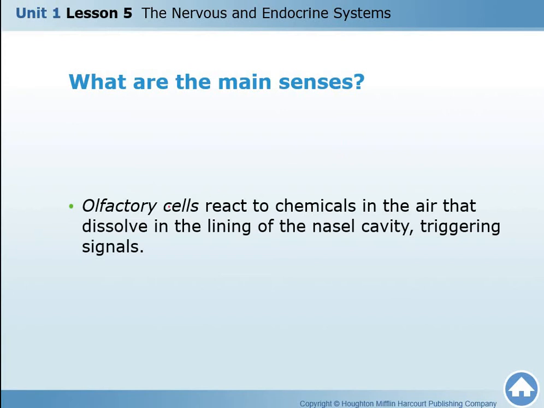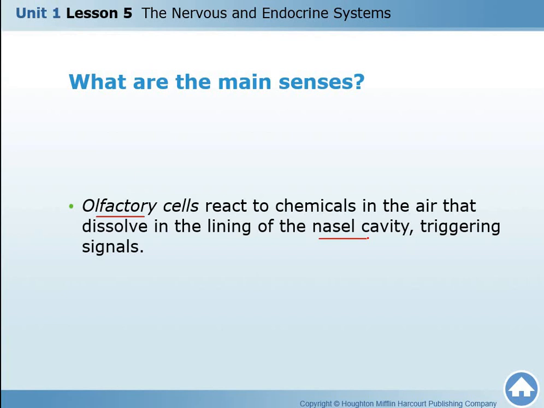As for the olfactory cells, they will react to the chemicals found in the dissolved food and also to the chemicals in the air when they pass through our nose, through the nasal cavity.